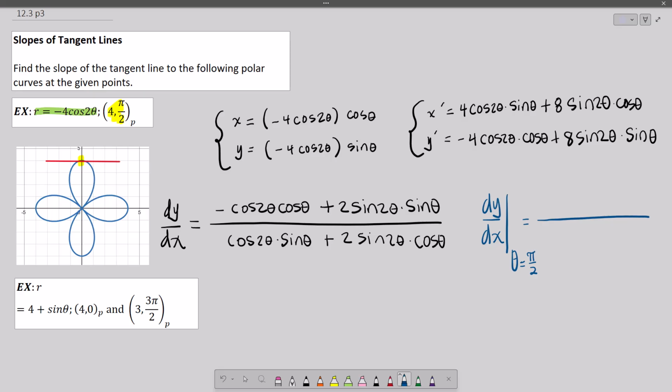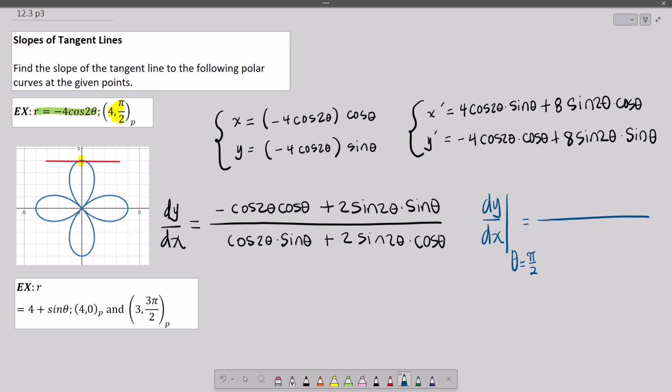So we're plugging in pi over 2. When we plug in pi over 2 right here, we end up finding cosine of pi. Down here, we end up finding cosine of pi. Cosine of pi is a -1, not a 0, so let's just ignore that for a moment.